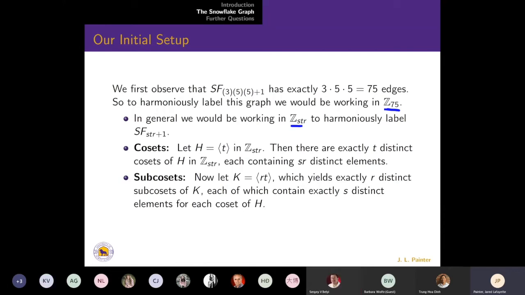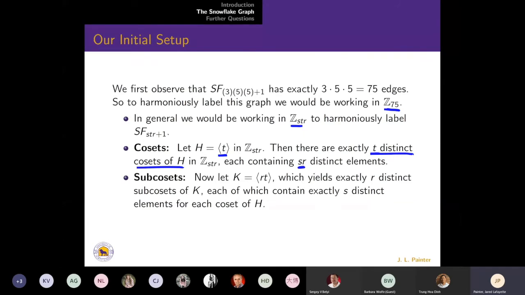So I'm going to give you the initial setup, which we thought was going to work, and it didn't really work, but it gave rise to something that did work. We initially thought, well, let H be the subgroup generated by just t in Z mod str. Then we know that there are exactly t distinct cosets of H in that group, Z mod str, and they each contain exactly s times r distinct elements.